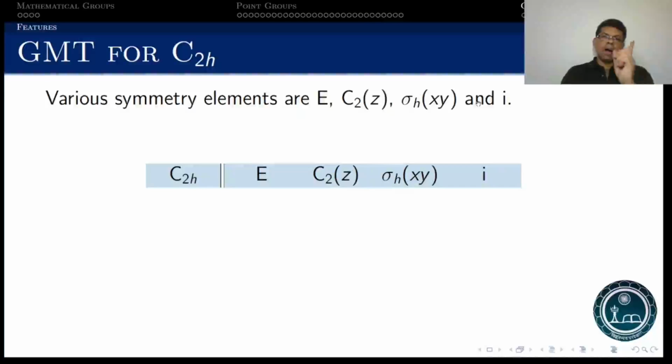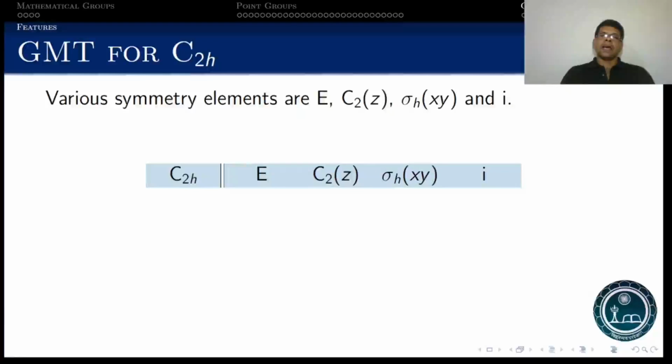Instead of sigma V YZ, there will be I. Total 4 symmetry elements, which means the order is 4. Here C2H and C2V have the same order, 4.